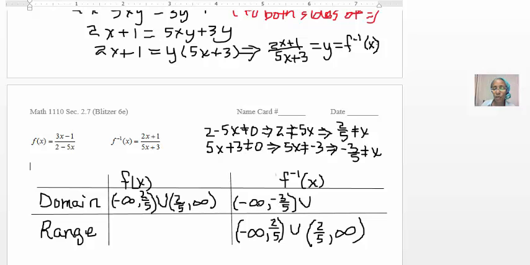So we can use all numbers left of negative 3/5 and all numbers right of negative 3/5 as input to f inverse, and that is our domain of f inverse. Well, that has to therefore then be our range of f.